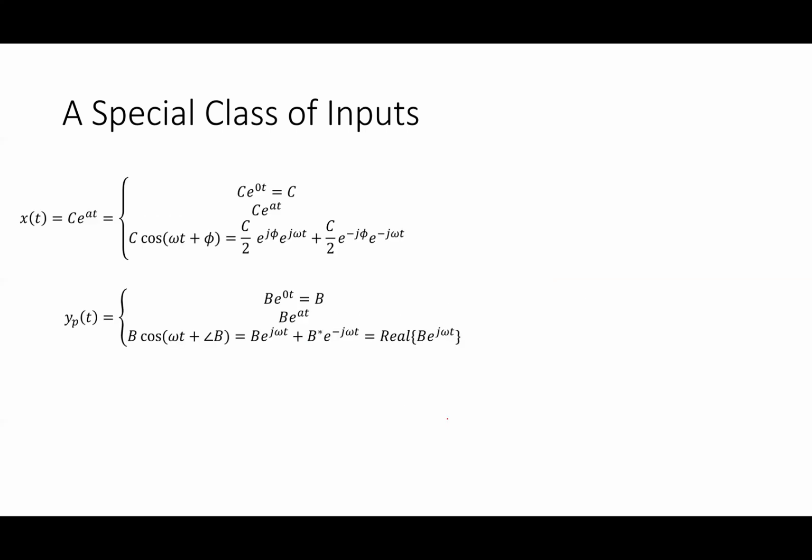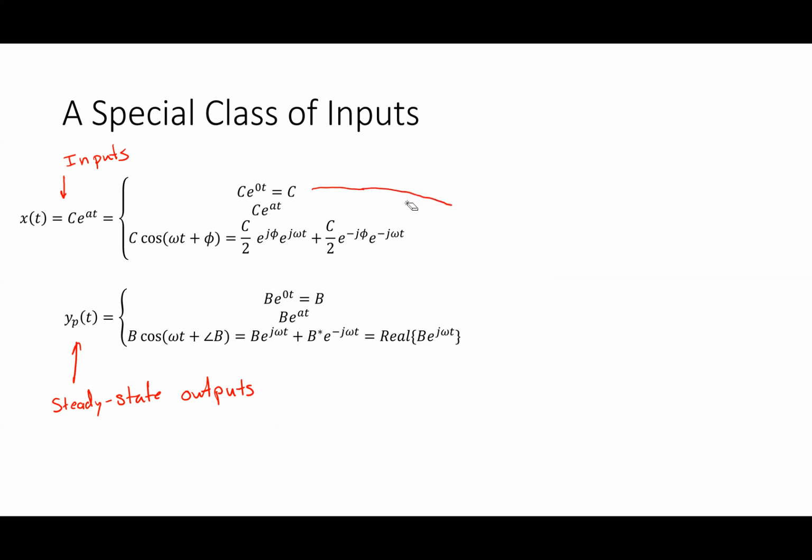So what that means is if my input, so these are my inputs, and what I've called y sub p, that's my particular solution. This is my steady state outputs. Basically, what it means for me is if I have a constant, how am I going to do this?